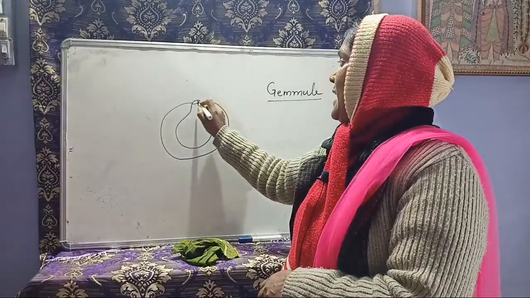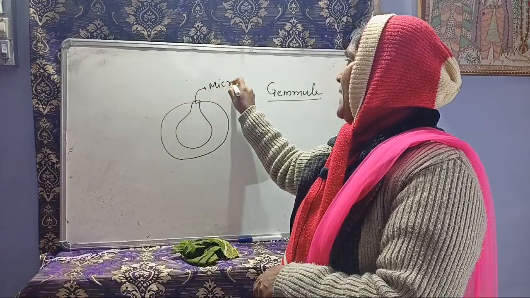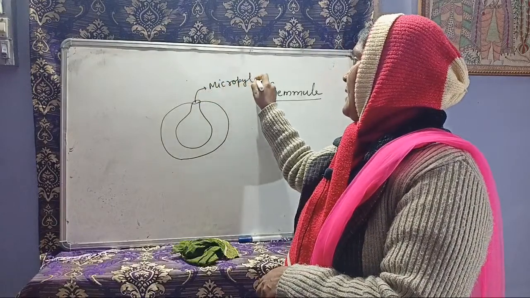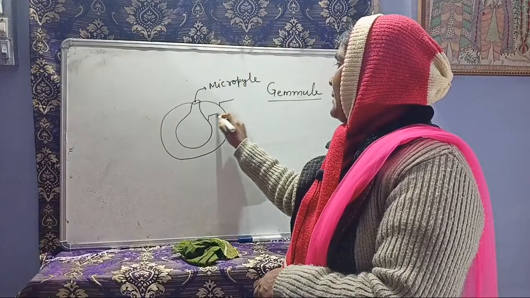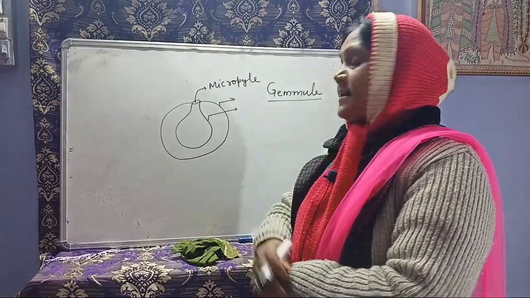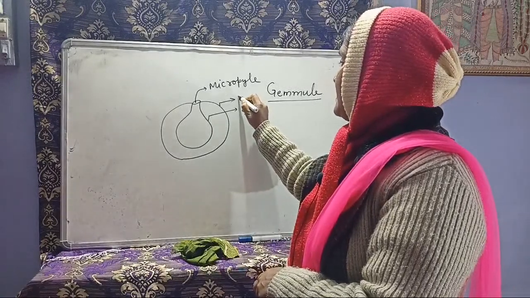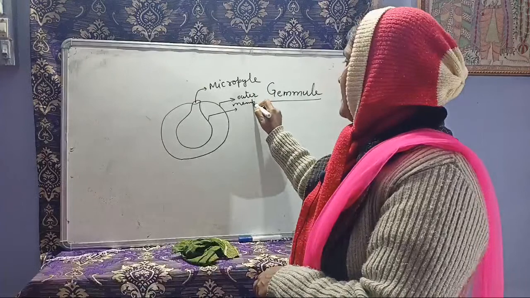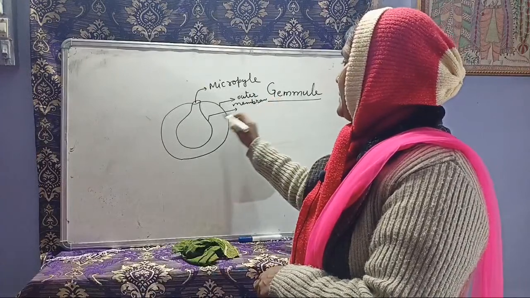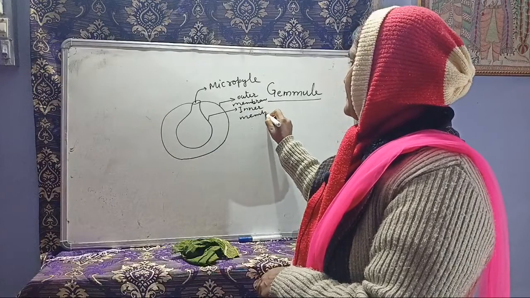A gemmule has a small opening called a micropyle and double-layered covers. The outer cover is the outer membrane and the inner cover is the inner membrane.